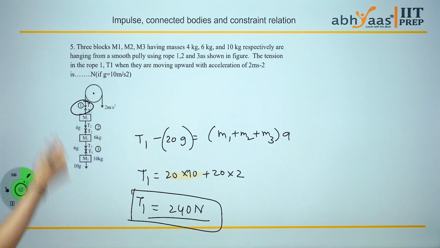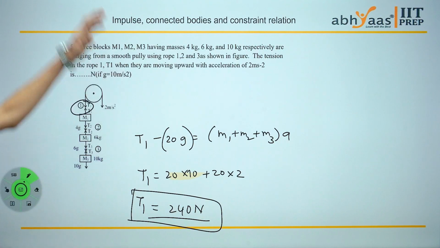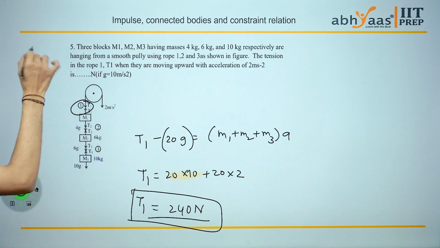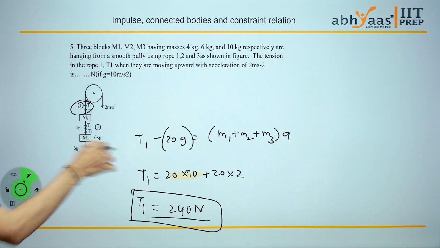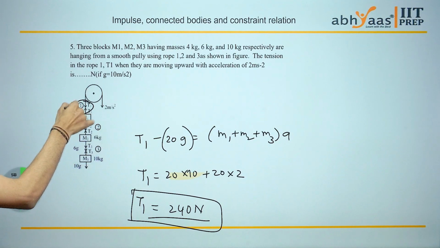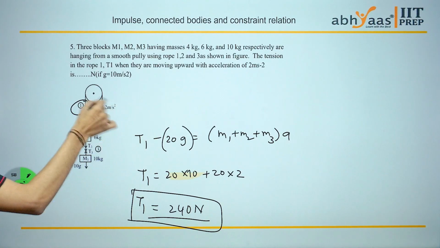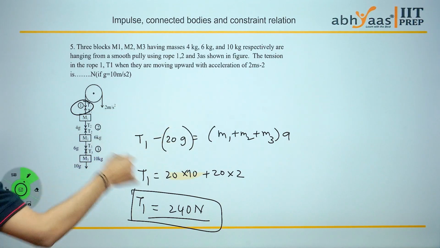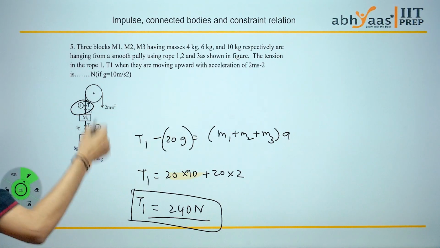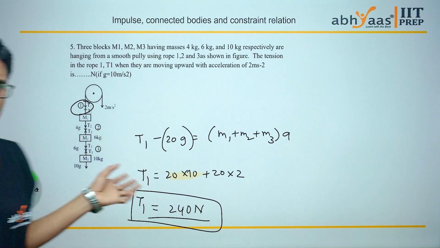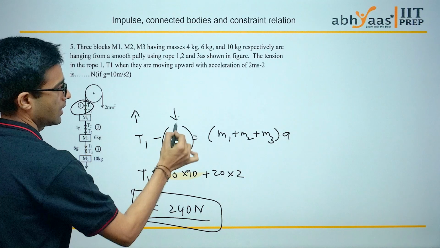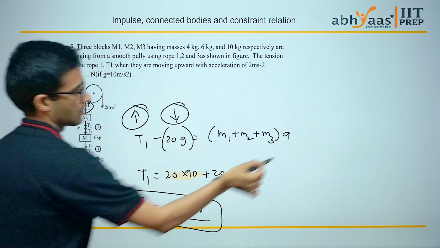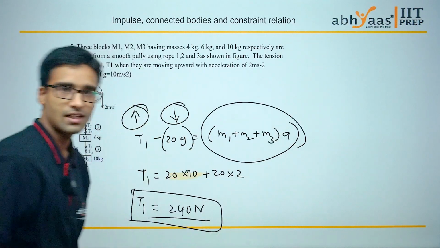You can clearly understand when they are moving upwards with an acceleration of 2 meters per second square. It is going up means all the system is going up. Everything is experiencing gravitation in the downward direction, whereas the tension T1 is upward. If you draw the free body diagram, you have tension T1 in the upward direction, weight mg in the downward direction, and the total system has this acceleration.